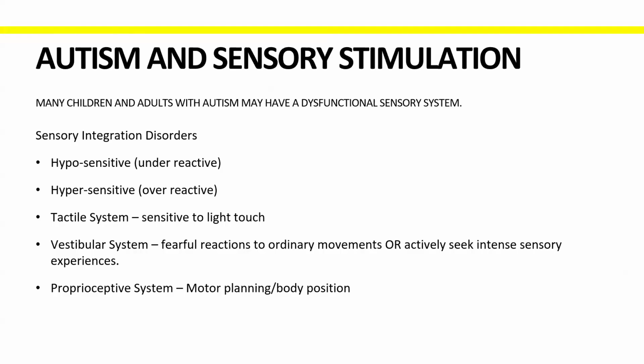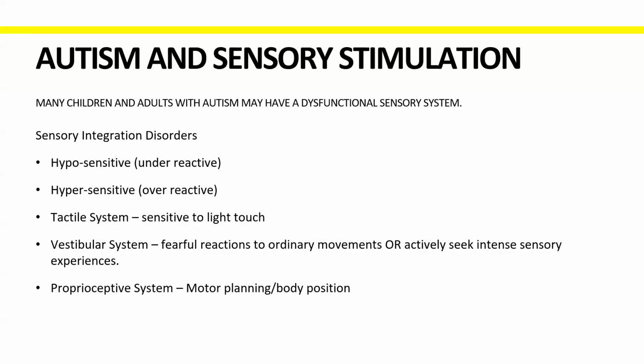Hyposensitivity is defined as being underreactive to sensory stimulations, such as pain not registering, not being bothered by extremely loud sounds, etc. Whereas hypersensitivity can be defined as being overreactive to sensory stimulations, like bright lights, loud sounds, and certain textures. The three sensory systems are the tactile system, the vestibular system, and the proprioceptive system.